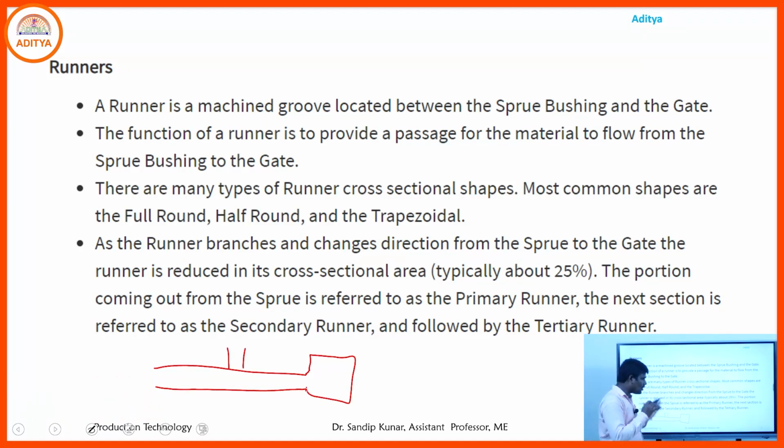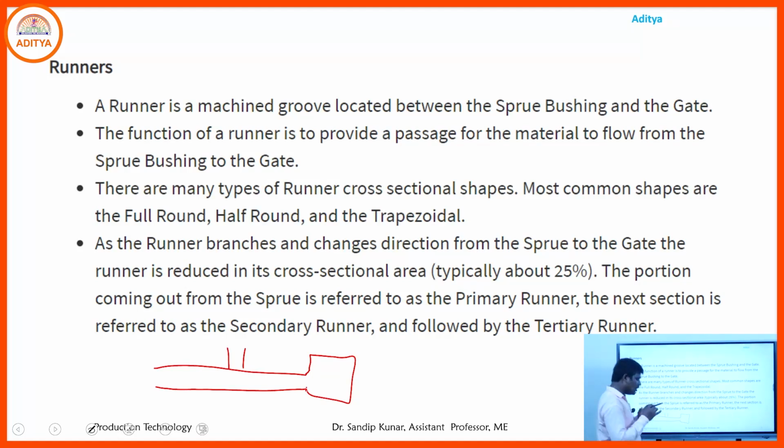So we always avoid changes in direction, sudden changes, or any right angles in the runner system. Generally, the cross-sectional area of the runner from the sprue to the gate is reduced typically by about 25%.